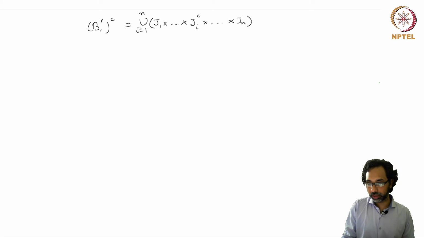So this is a union of n sets with the ith set having the ith coordinate with a complement.